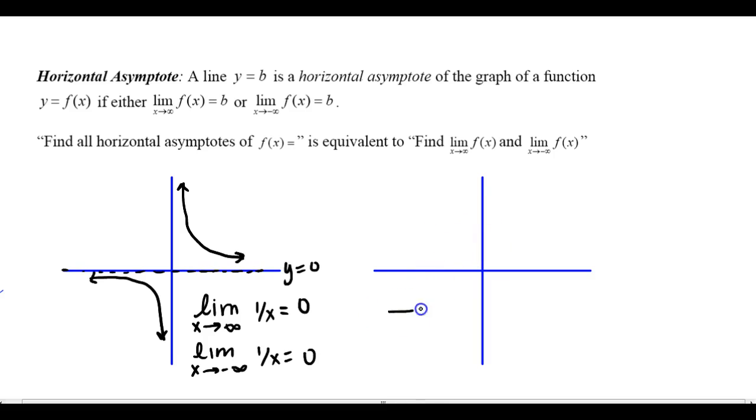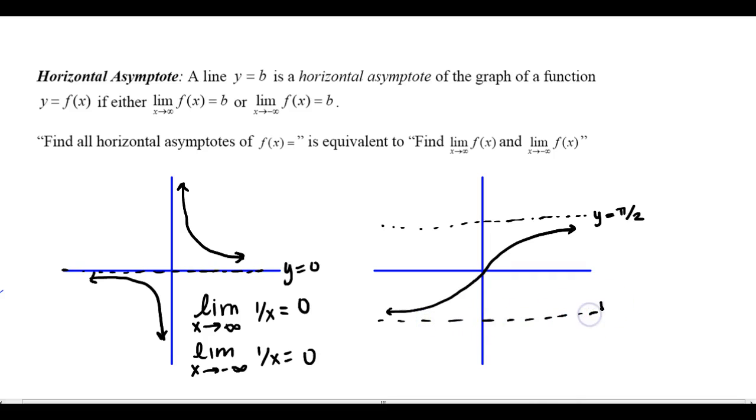So for example, the arctangent function. It looks like this, it is one of the basic functions as well, and it has horizontal asymptotes at y equals pi over 2 and y equals negative pi over 2.